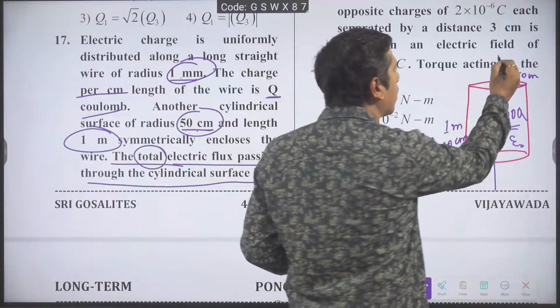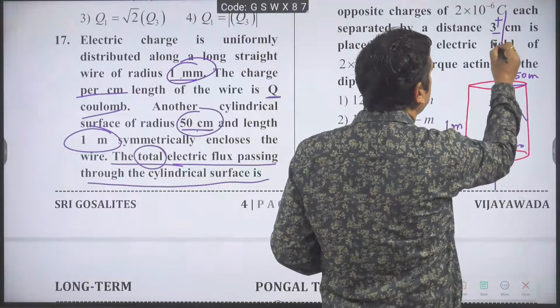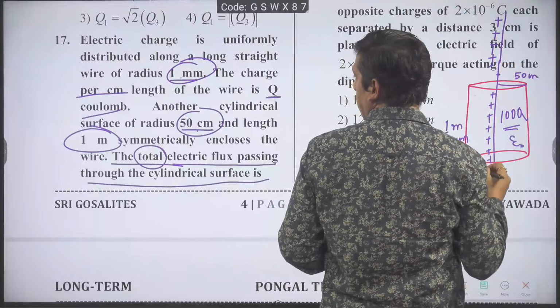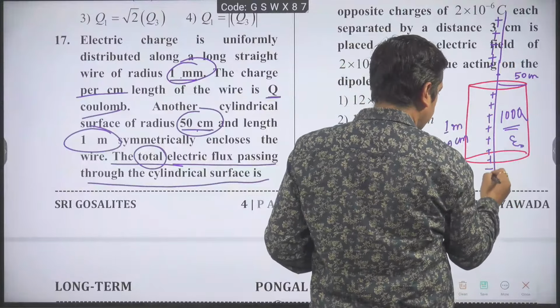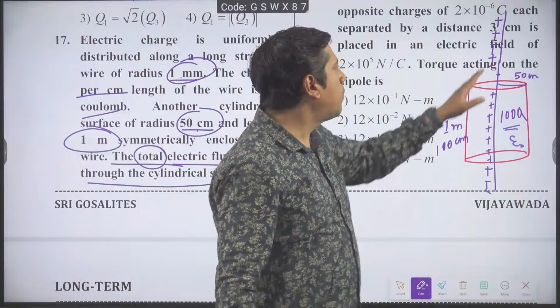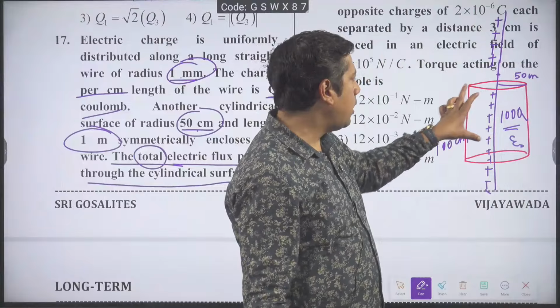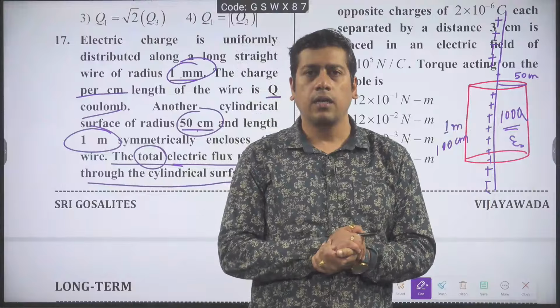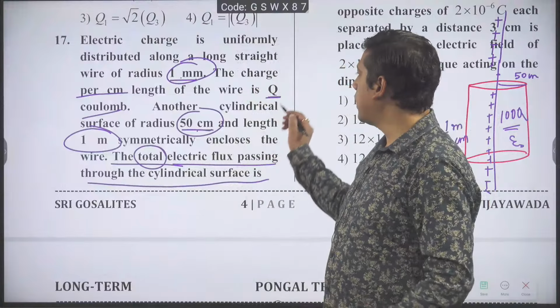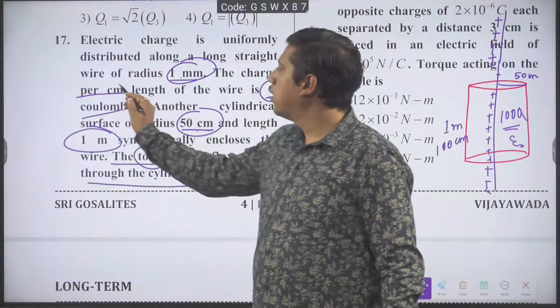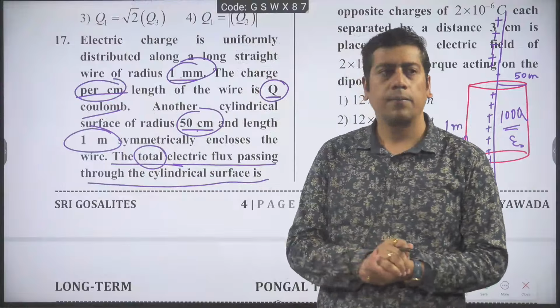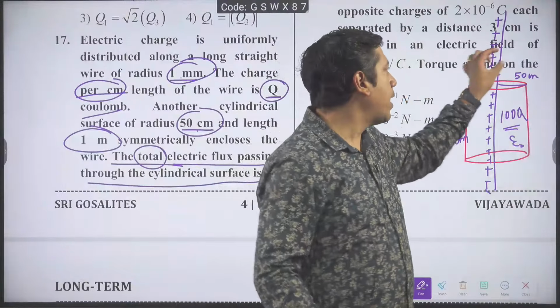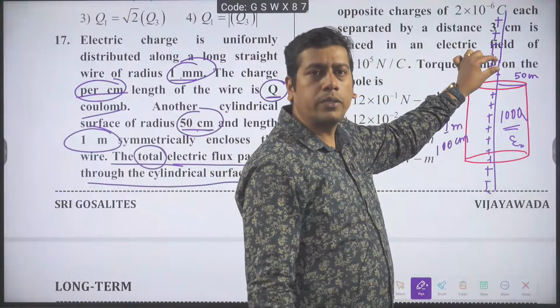Now, charge is everywhere, this is the infinite wire, let's say. But we are not bothered about all the charges. We are only considering the charge which is enclosed by the cylinder of length 1 meter. They are saying 1 centimeter of the wire has Q coulomb charge.